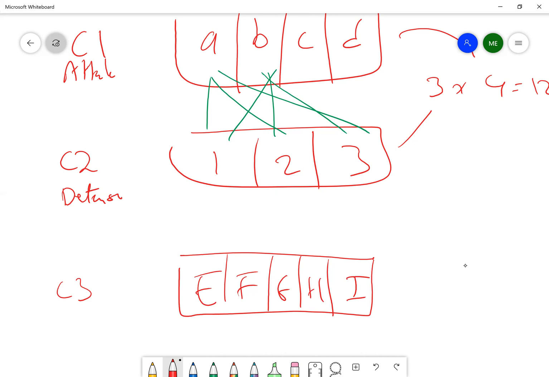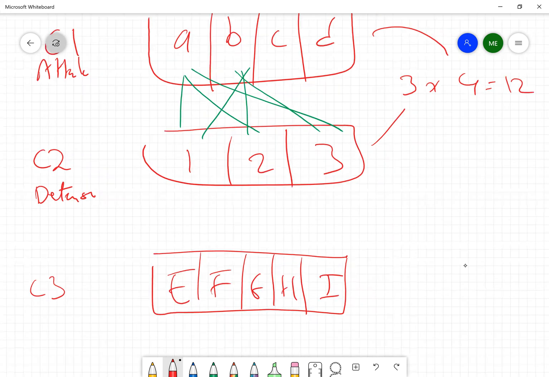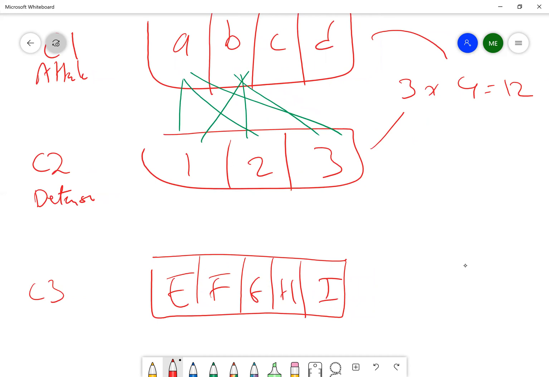How many different combinations am I going to actually have? Remember that test 1 in this case would be an A with the 1 with the E. Test 2 would be A with the 1 with the F. So girls, can you tell me how many possible combinations can I have?